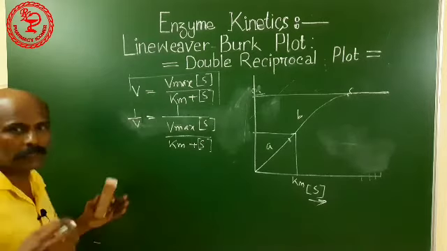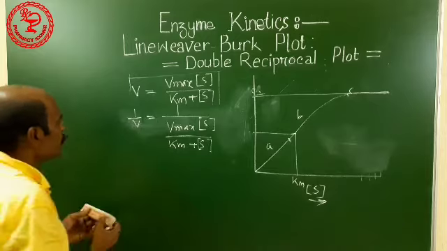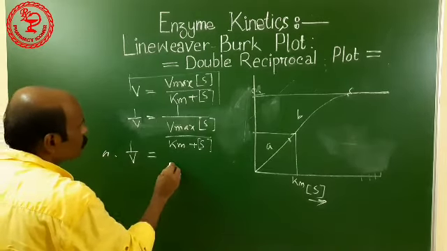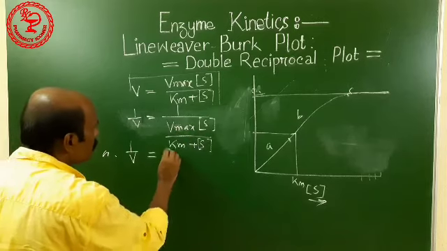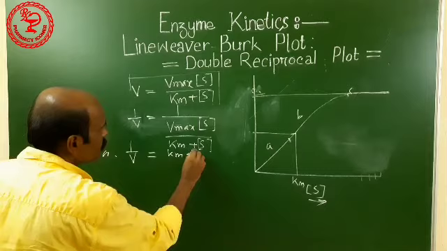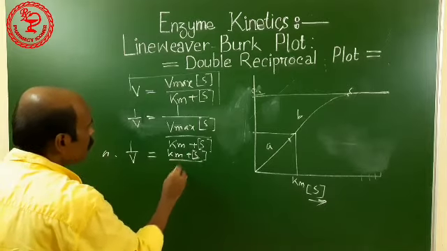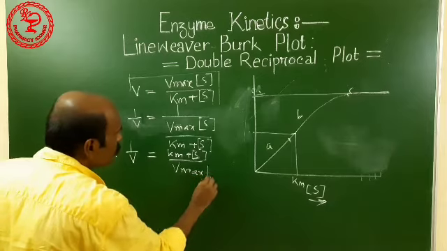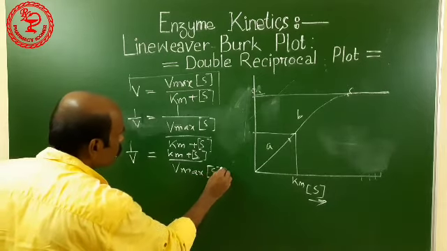Now if we simplify it, we will get 1 by V is equal to Km plus substrate concentration divided by Vmax into substrate concentration.